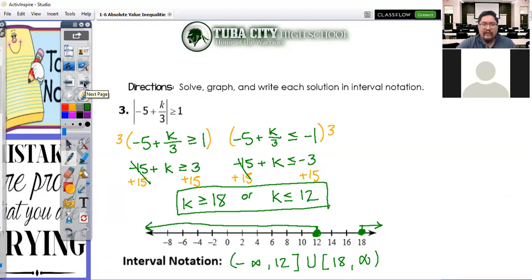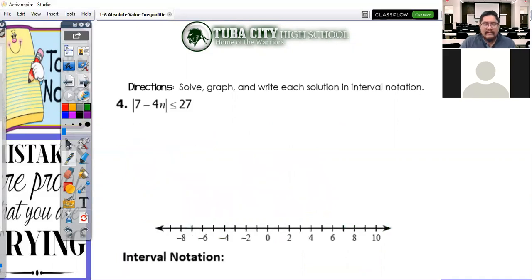Anyway, let's go ahead and move on to number 4. So for number 4, check it, make sure the absolute value is isolated, which it is, right? There's no other numbers on the outside of this, so that makes it kind of easy.